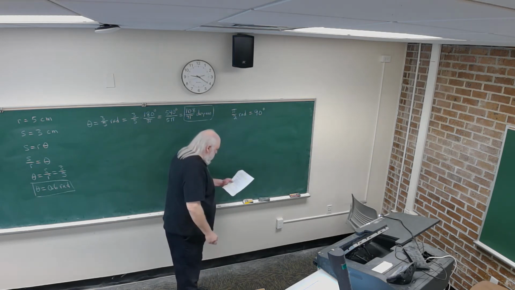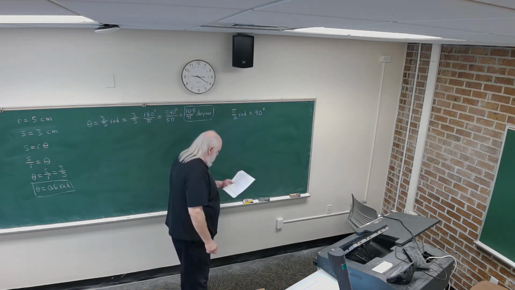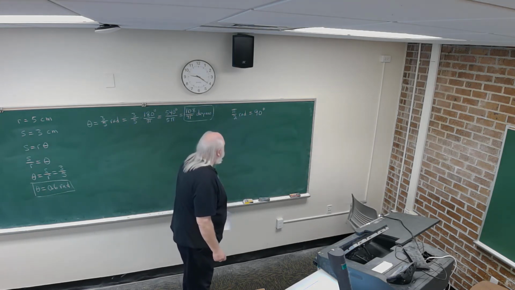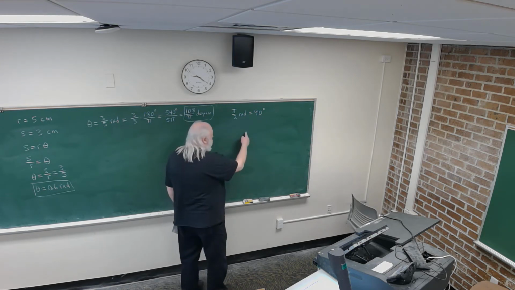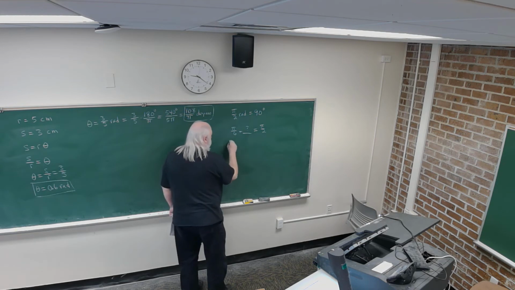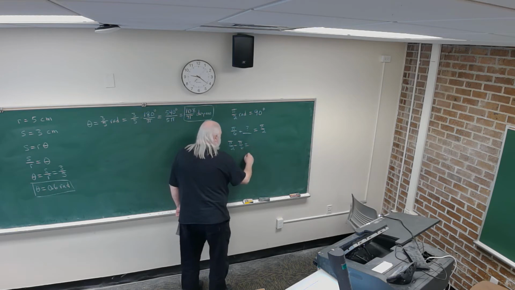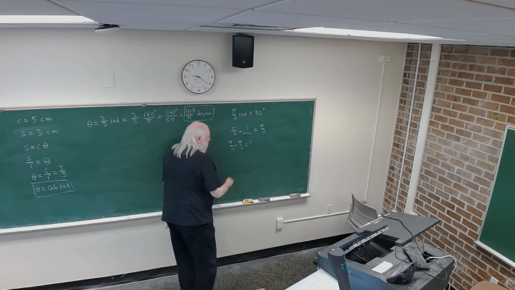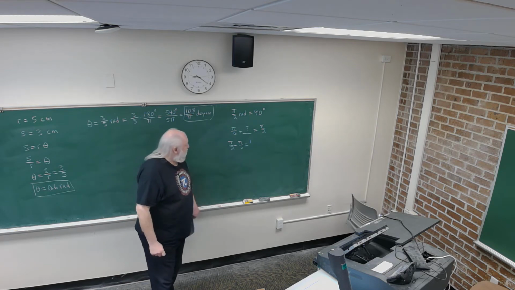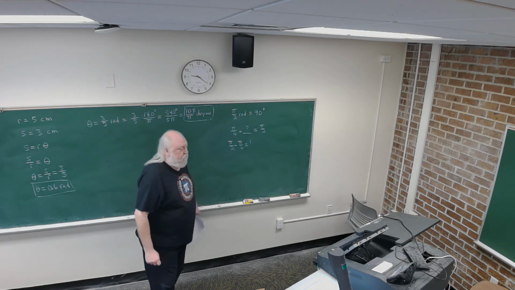So we're given that one angle is pi over 6. So pi over 6 plus some unknown angle has to equal pi over 2. So this unknown angle is equal to pi over 2 minus pi over 6. Now you subtract one fraction from another, you have a common denominator. Multiply pi over 2, top and bottom, by 3.